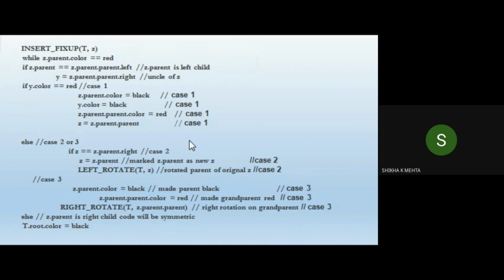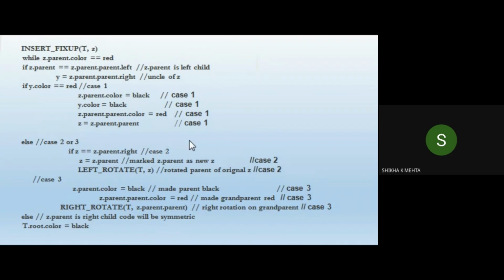Then the second case, where it is forming a triangle. We assign z is equal to z.parent, and that becomes the new z node, and we apply the left rotation, because that parent is in the right direction, so the rotation is performed in the left direction.